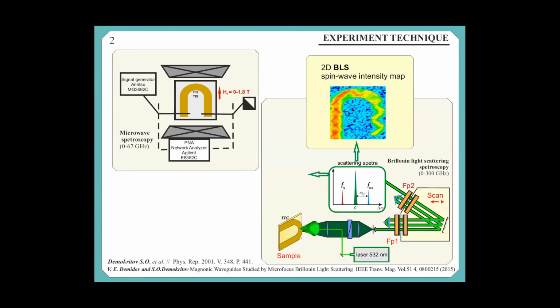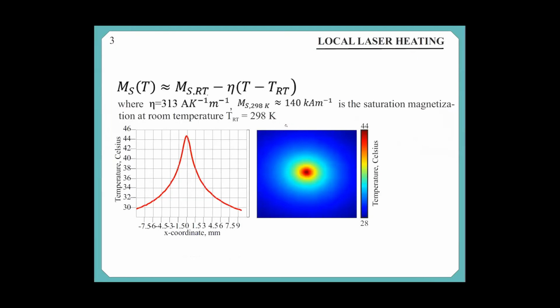Micromagnetic modeling was produced by MuMax software. And in this work, to create the heated region in the experimental setup, we use laser radiation generated by a source with a wavelength of 830 nanometers.